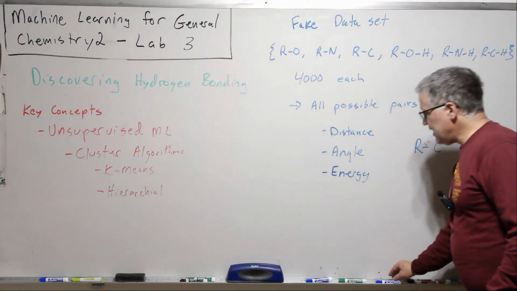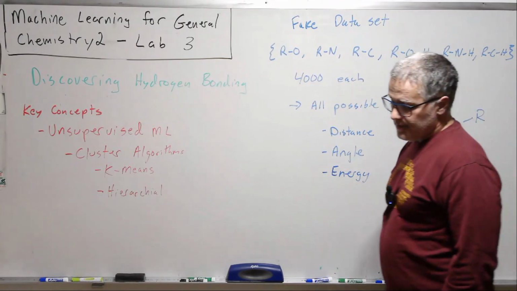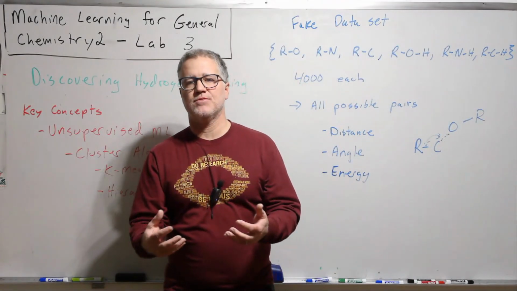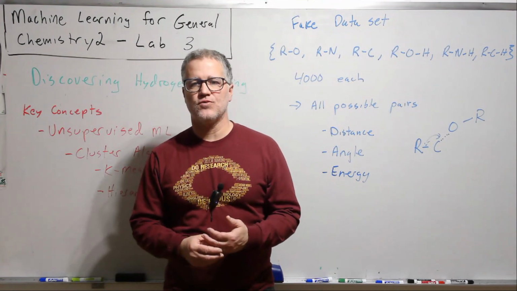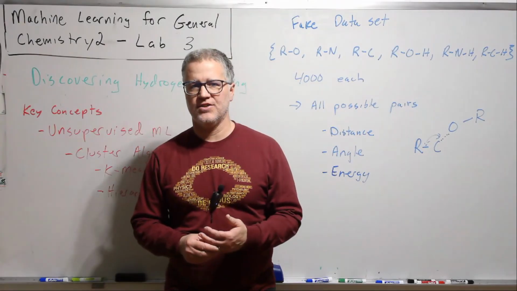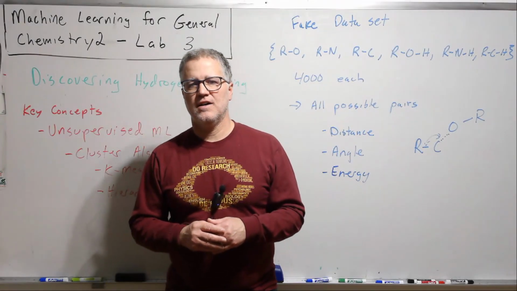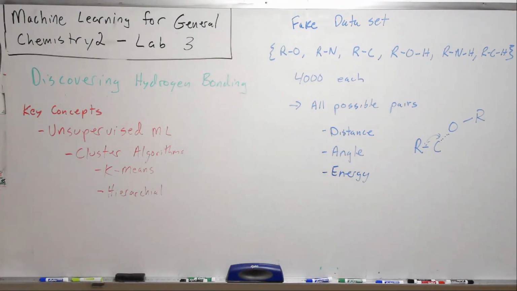Yes, this is artificial, but this is how the large chemical databases are sometimes searched when we use machine learning to find different patterns within real molecular data sets. So this will serve as a slimmed down artificial data set for us to learn those principles. All right, let's go to the computer.